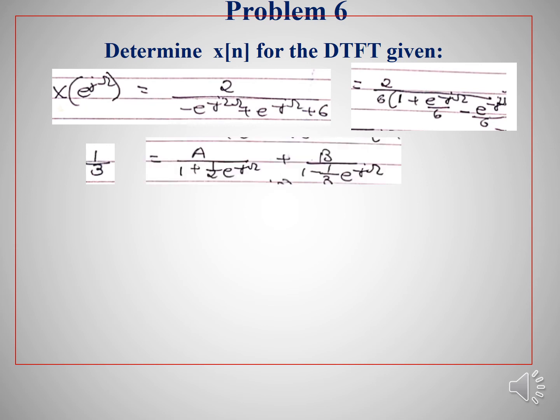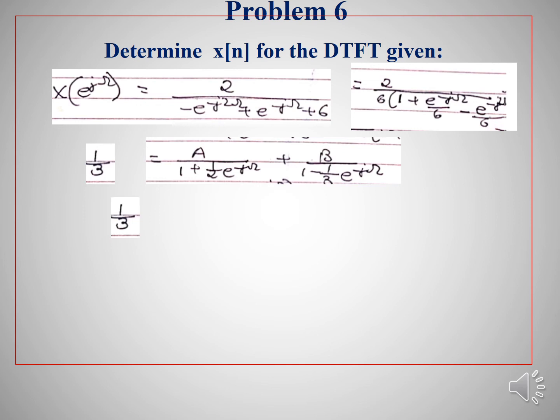Hence, 1 by 3 would be equal to A divided by 1 plus half e power minus j omega plus B divided by 1 minus 1 by 3 e power minus j omega, which are the factors of 1 plus e power minus j omega by 6 minus e power minus j 2 omega by 6.